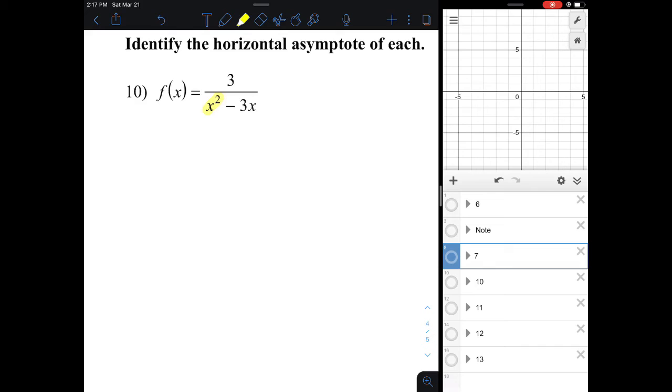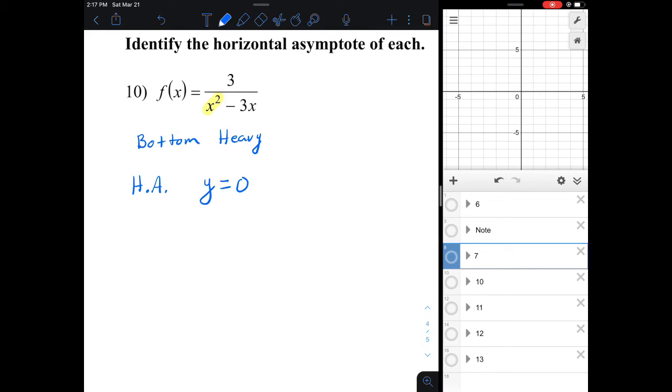The degree of x in the numerator is 0. This is a rational function that I say is bottom heavy, because the largest exponent of x is in the denominator. All rational functions that are bottom heavy will have a horizontal asymptote of the x-axis, which is y equals 0.